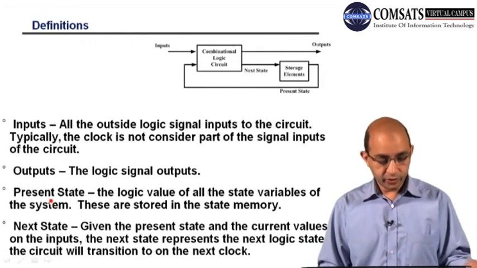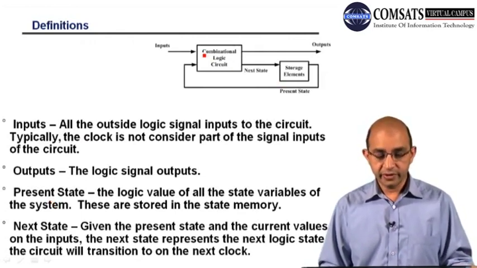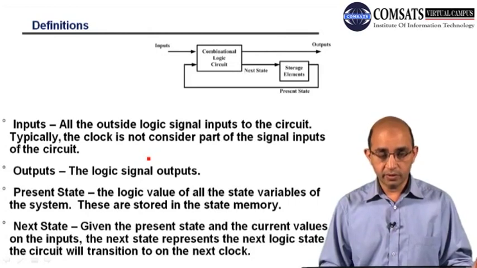Okay, so let's talk about some of the definitions which we have in our sequential logic. Here we have the input, which is all the outside logical signals. One important point over here is that we normally don't take the clock as an input signal.